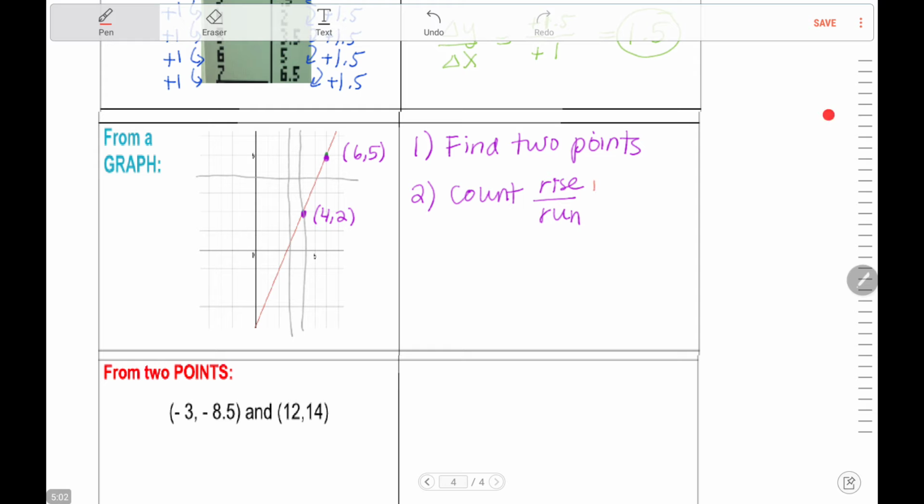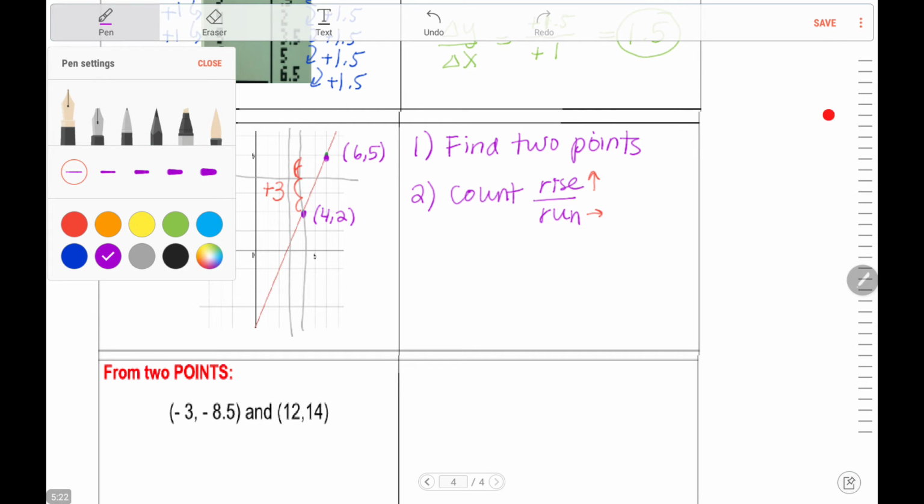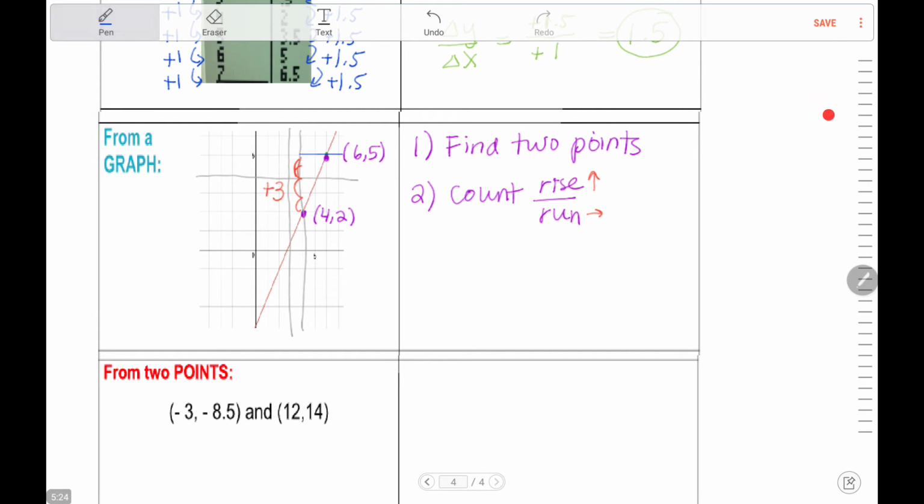Rise means going up, and run means to the left or right. So I'm going up 1, 2, 3. So we're rising by 3, and then we're running, which means we're going to the right by 2. That's how I go from this point to the second point.